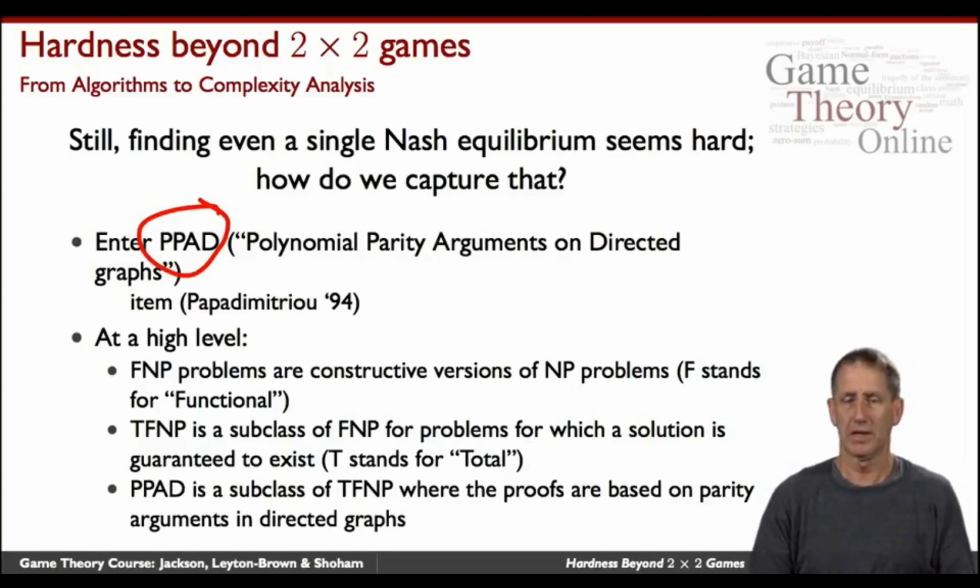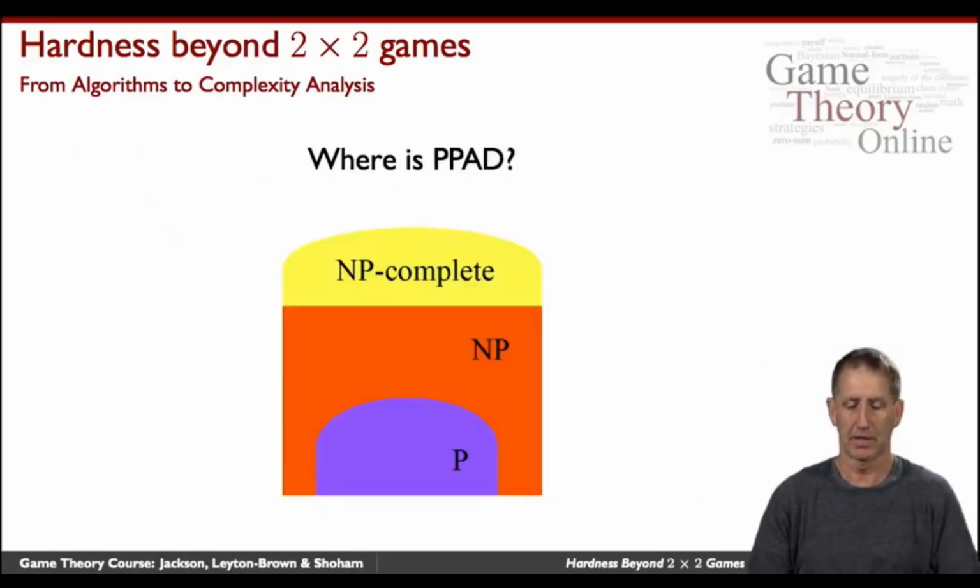We won't go into detail, but just so you know the chronology, PPAD is a specialization of a class called TFNP, which in turn is a specialization of a class called FNP. Going into detail here is beyond the scope of what we want to speak about, but it does help us now position the complexity of finding a sample Nash equilibrium in the complexity hierarchy.